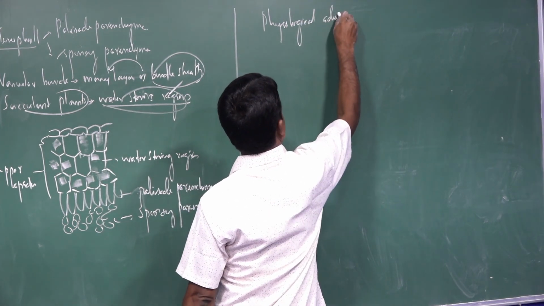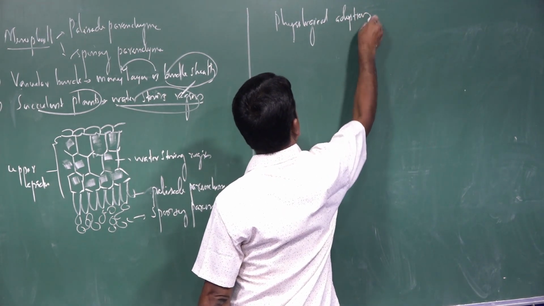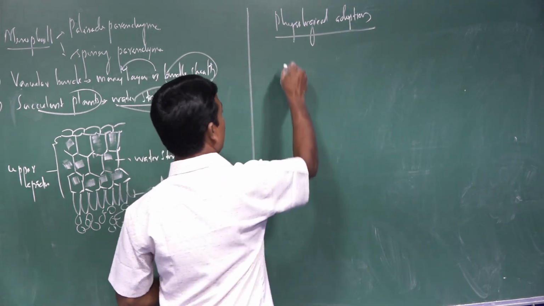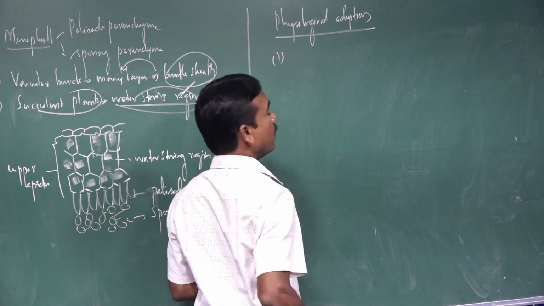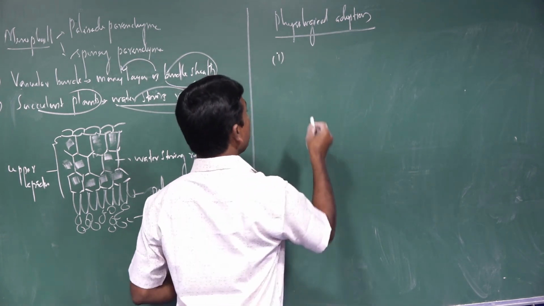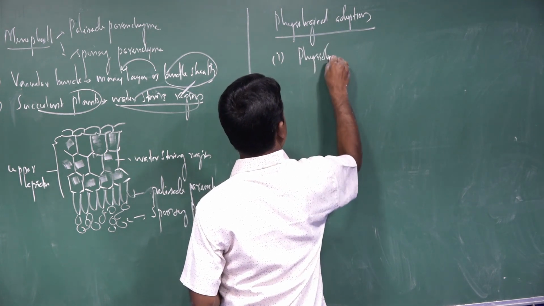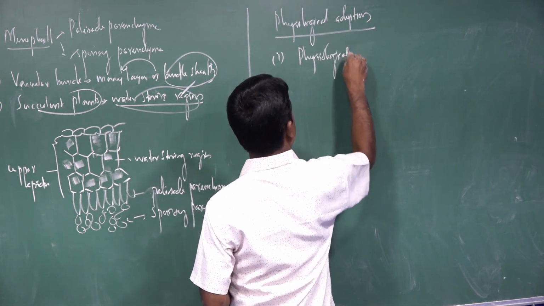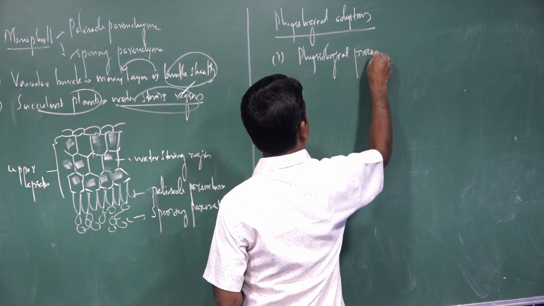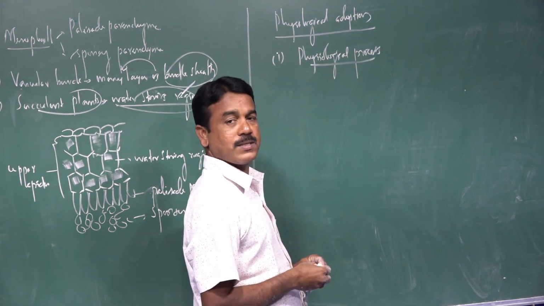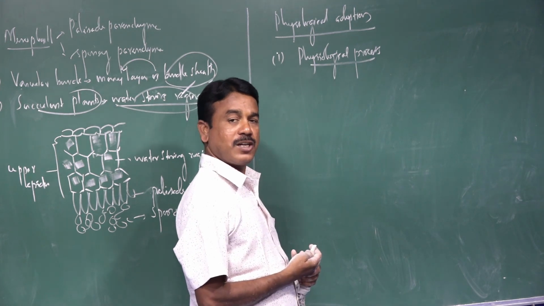The last one, physiological adaptation. From the structural view, those were the adaptations they may present. The first one: most of the physiological processes. What are the physiological processes? Photosynthesis, respiration, transpiration.